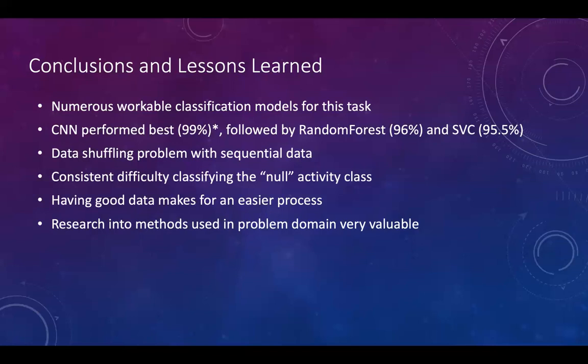I think one of the biggest lessons learned for me that I was stuck on is what I was discussing earlier, the data shuffling problem in regards to sequential data, and how that was causing some discrepancies in my model performances.